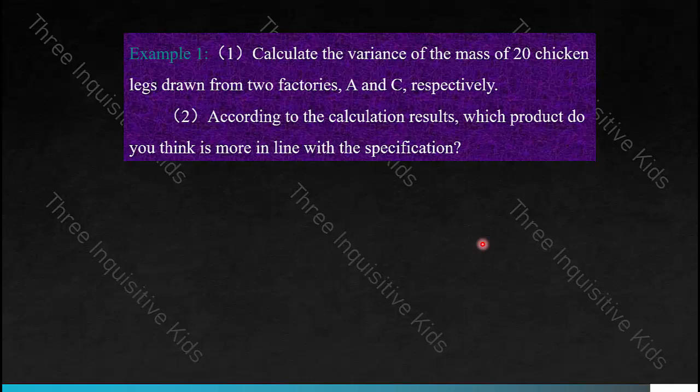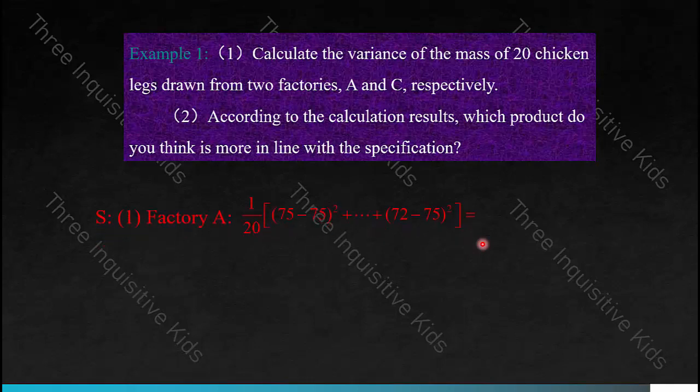Let's do some problems. Calculate the variance of the mass of 20 chicken legs drawn from two factories, A and B respectively. According to the calculation results, which product do you think is more in line with the specification and requirements?